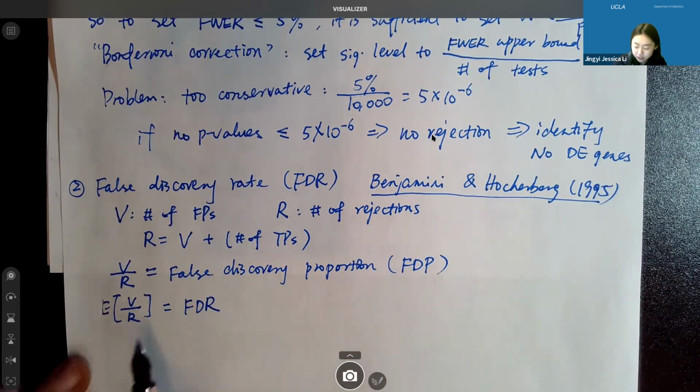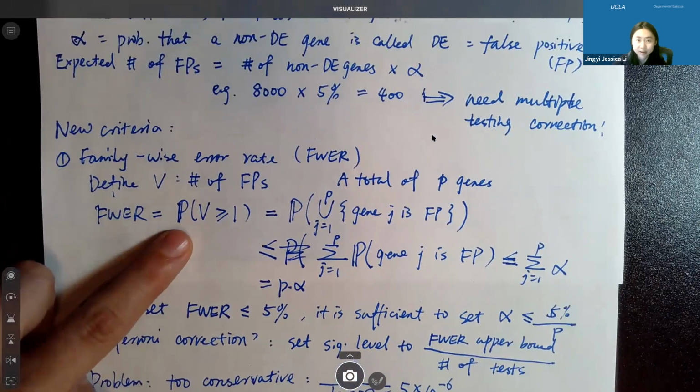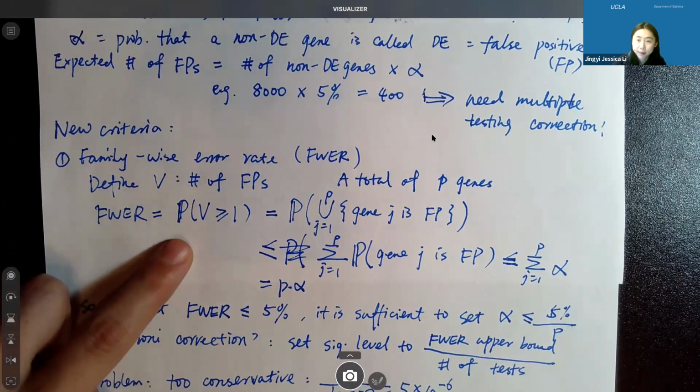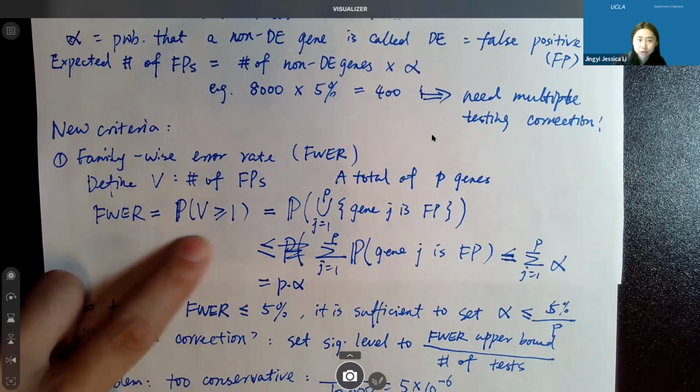So therefore, the criterion is no longer random because the expectation takes care of all the randomness. And think about the family-wise error rate. It's not random either because this is a probability, right? We consider V, V is random, right? The number of false positives we can make can change from one experiment to another experiment. But we're looking at the average, which is the average case of making at least one false positive.